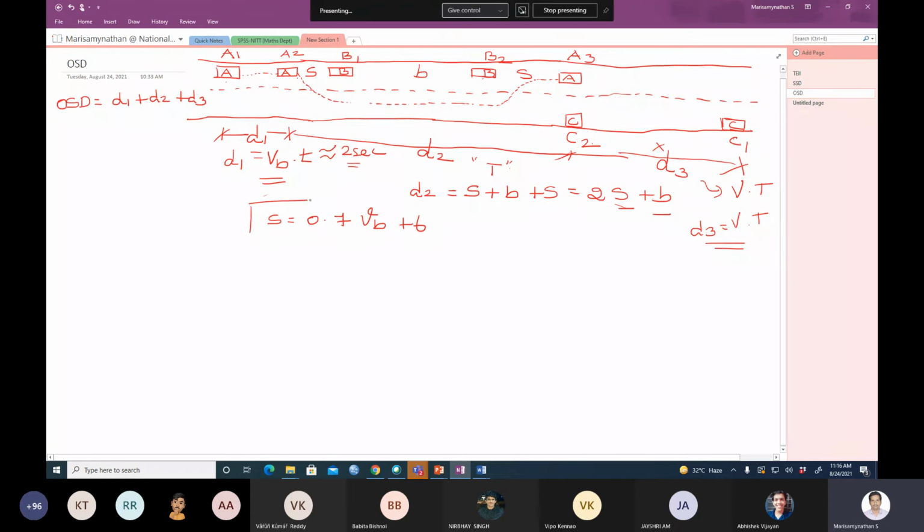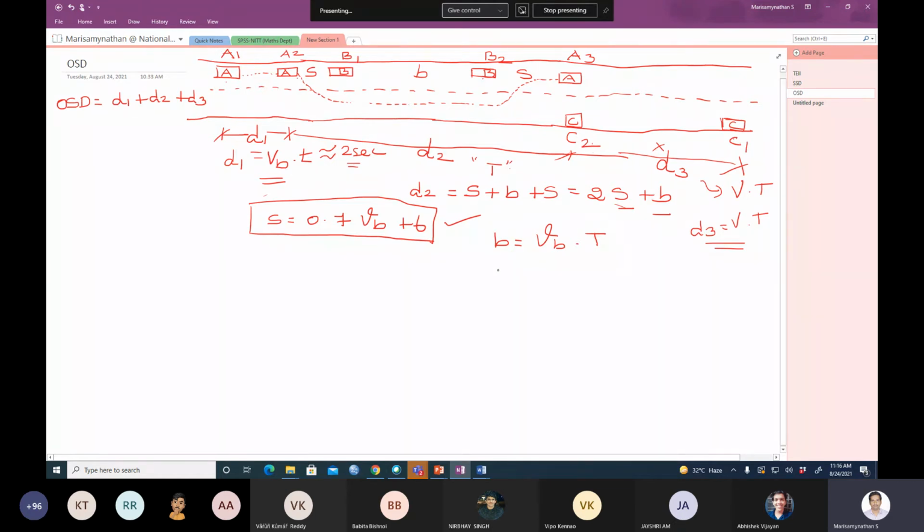This is the equation. I am not going into the derivation of this particular equation, but you can directly take this value for S: 0.7 into speed of the vehicle plus 6, so that distance can be estimated. Then B is the distance estimated from the speed of the vehicle and the travel time T, how much it travels.